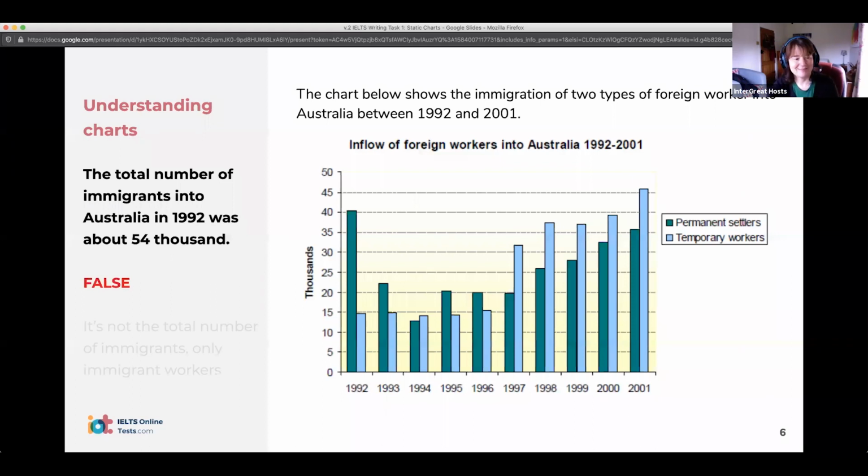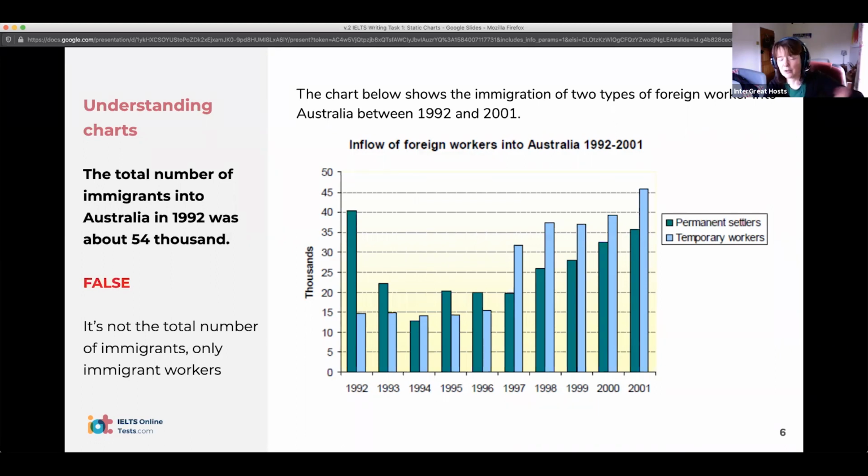Actually, it's not just that. It's because this is talking about the number of immigrants, and actually we're talking about the number of immigrant workers.